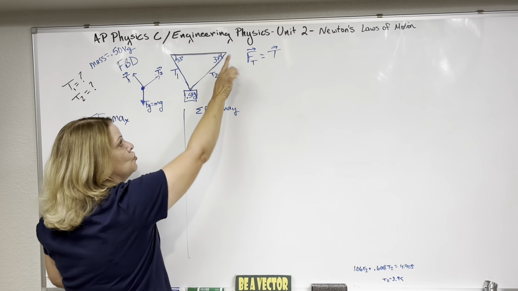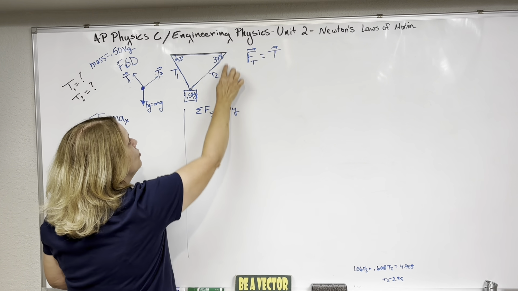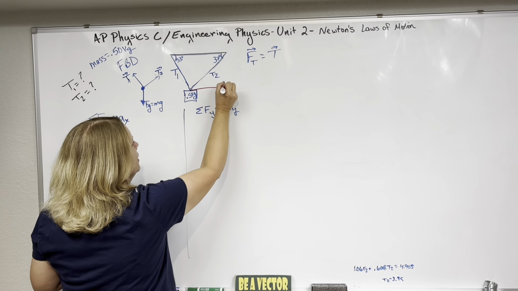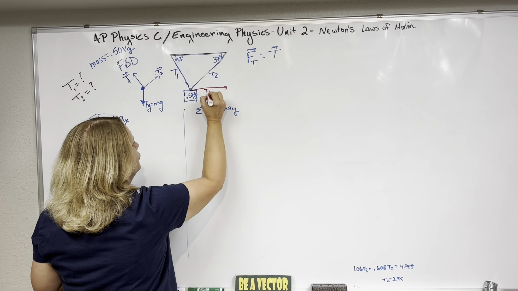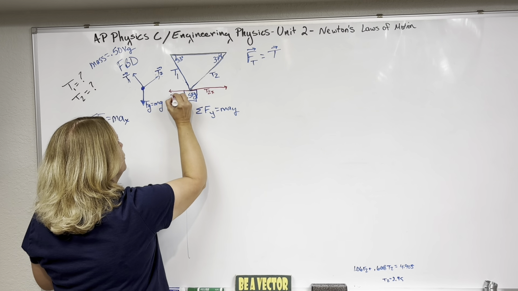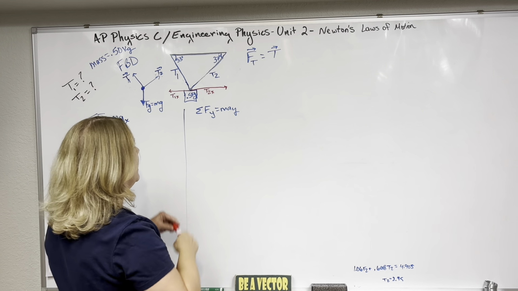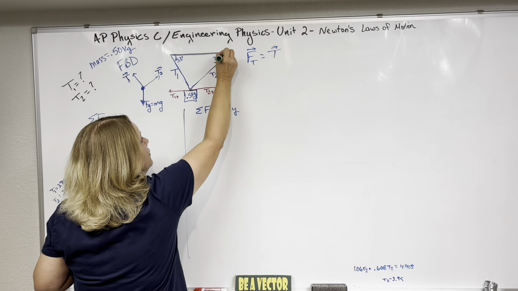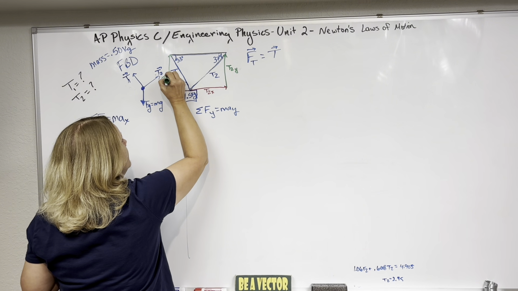T2 is northeast, so it has a north component and an east component. So I'm going to draw these components. Here is my tension 2 in the x. Here is my tension 1 in the x. And then I have my vertical components. This is T2 in the y, and this is T1 in the y.